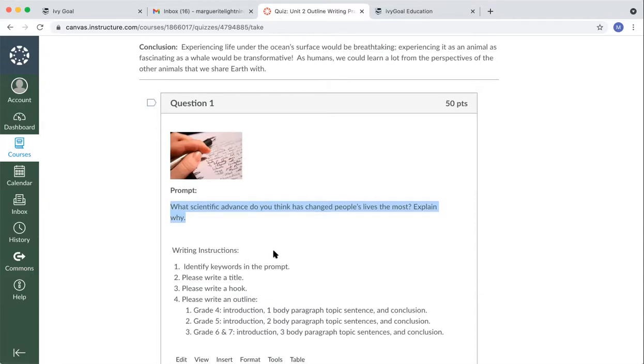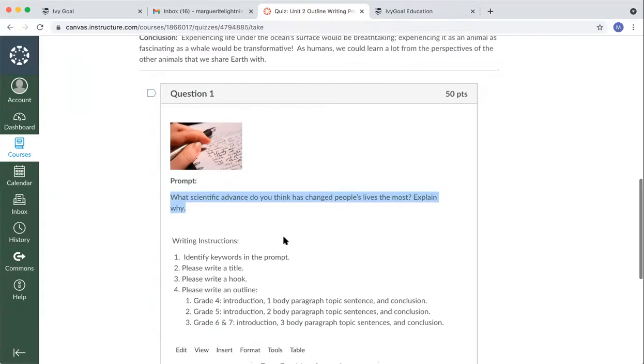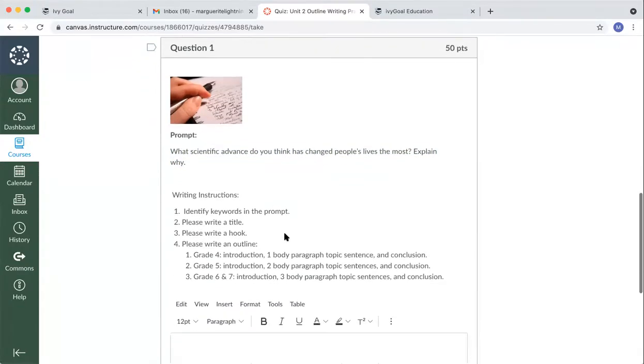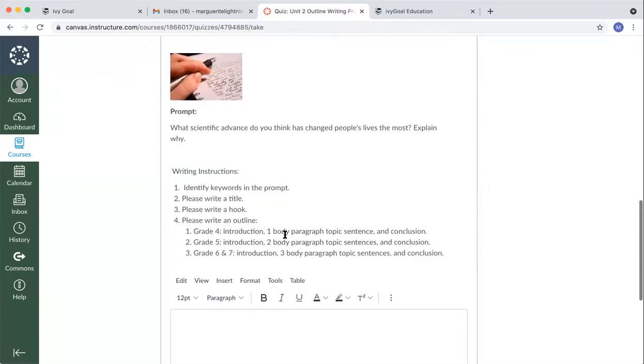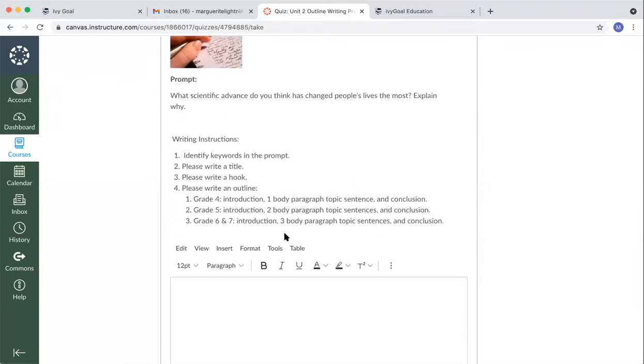So, what scientific advance do you think has changed people's lives the most? Explain why. So, what we're going to do is start creating an outline for this. It's going to be a group outline, and then you are going to end up doing this on your own for homework. All right, so let's work together here.